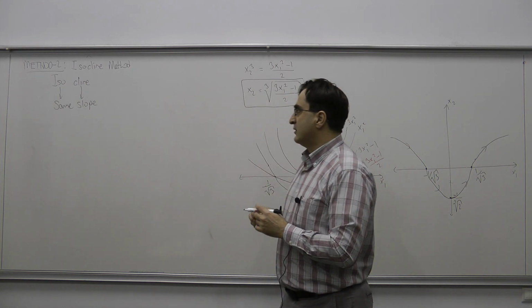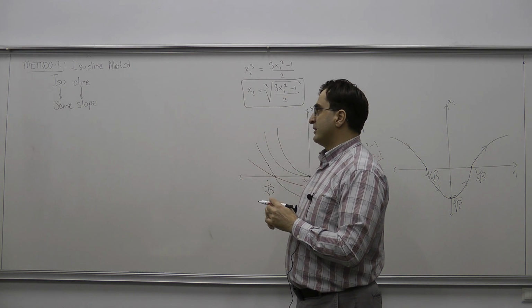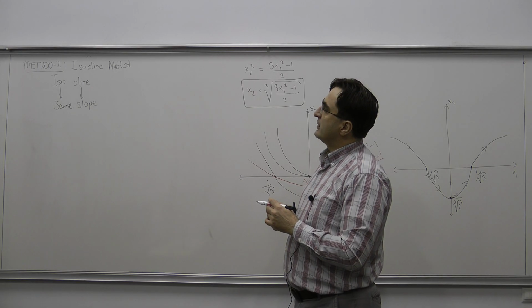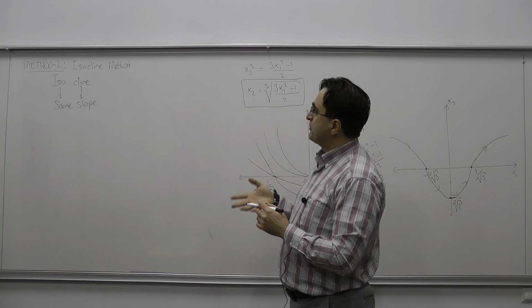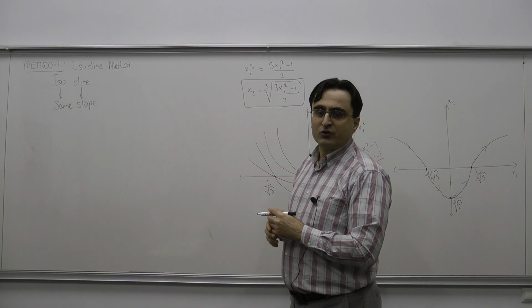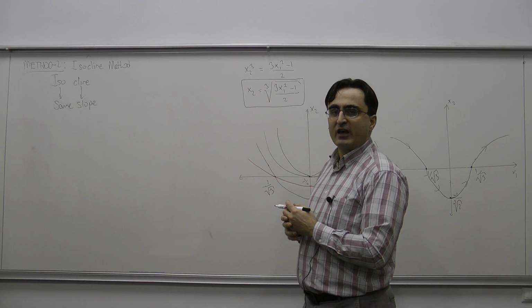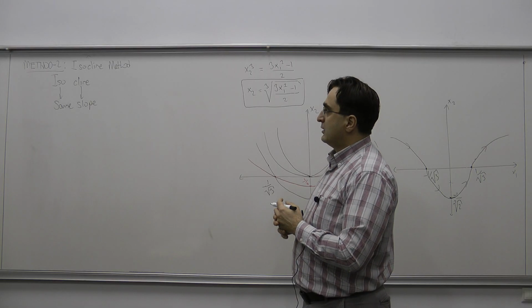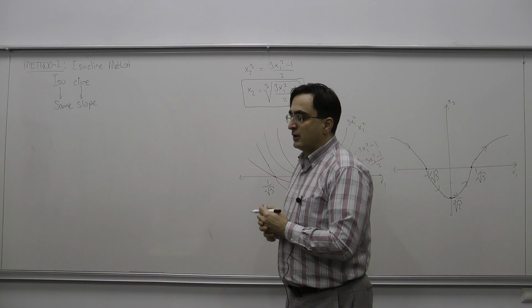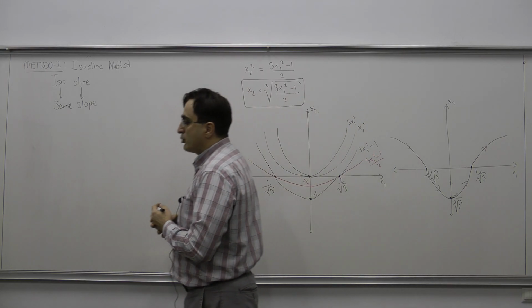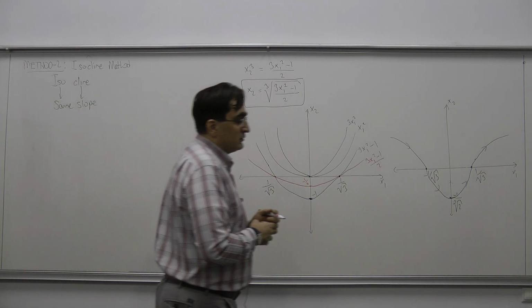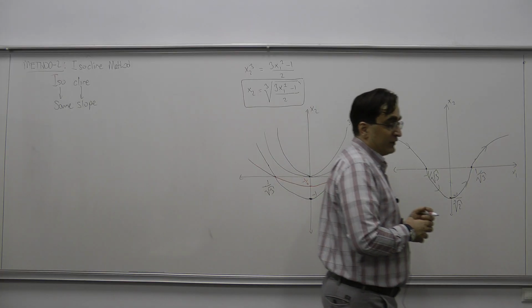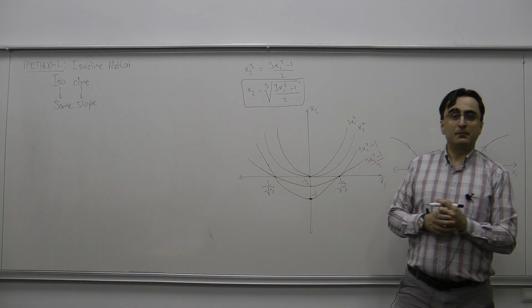Because while using this method, we always try to obtain the curve of the points on which the trajectories of the system have the same slope. In the Isocline method, we always obtain some curves on which the slope of the trajectories are the same.